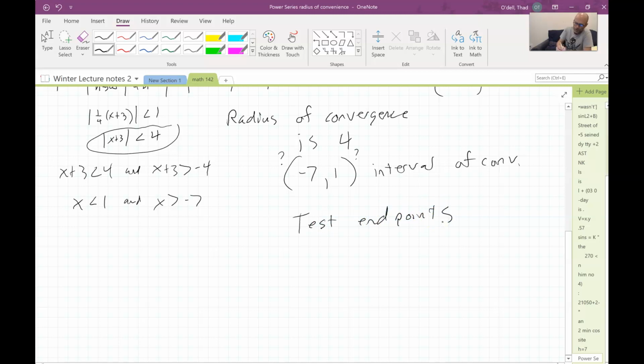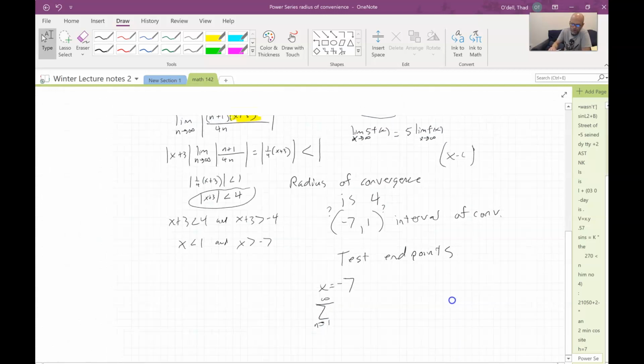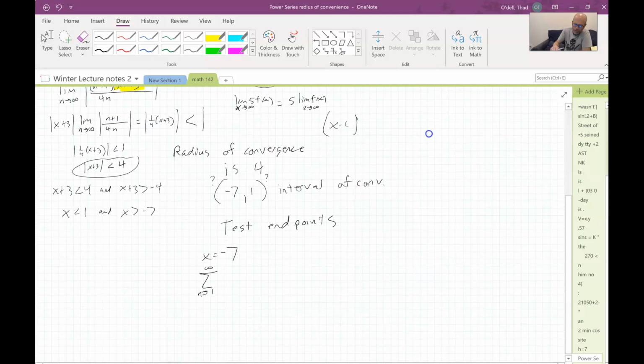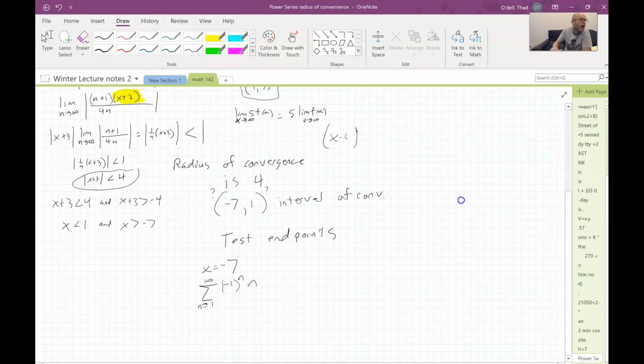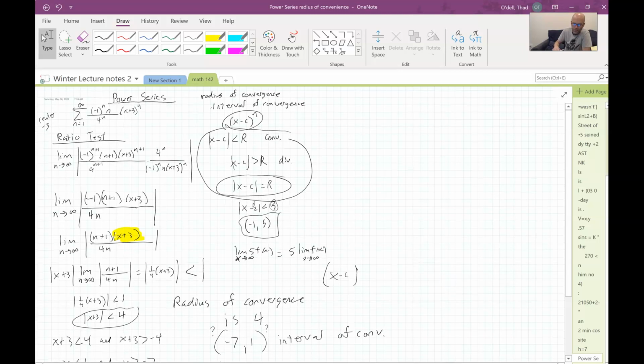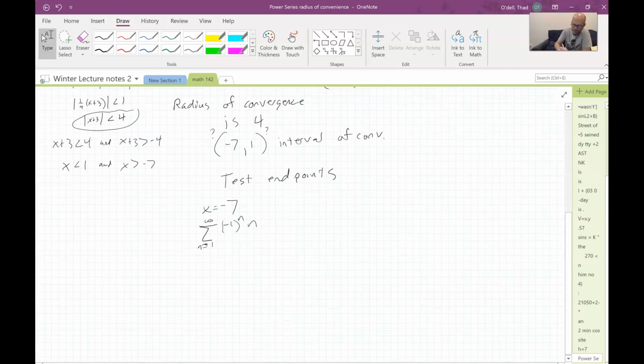So let's pretend that x is equal to -7 for a moment. Then we're going to rewrite our series, where n runs from 1 to infinity of -1 to the n times n over 4 to the n.